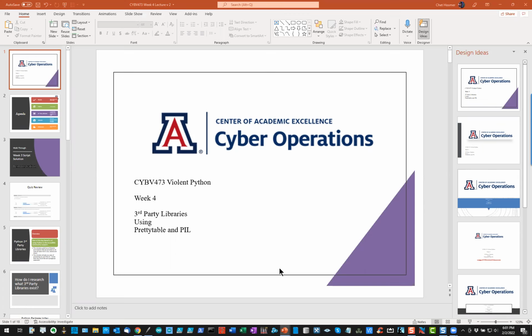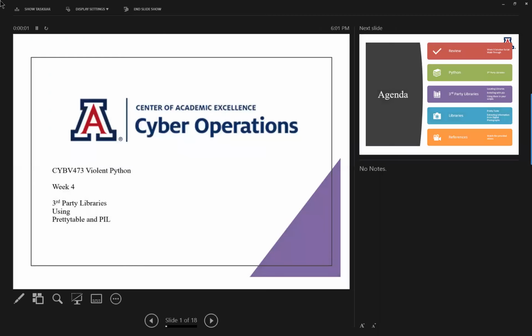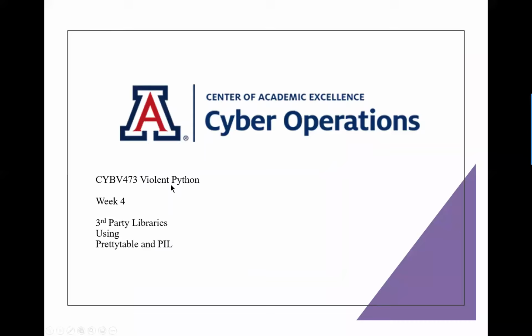All right, let's go ahead and get started. Welcome to week 4 of CYBV 473, the Violent Python class. Let's walk right through the briefing real quick, and then I'll get into some demos and we'll knock this out in short order. Tonight we're going to talk mainly about the Python Imaging Library.